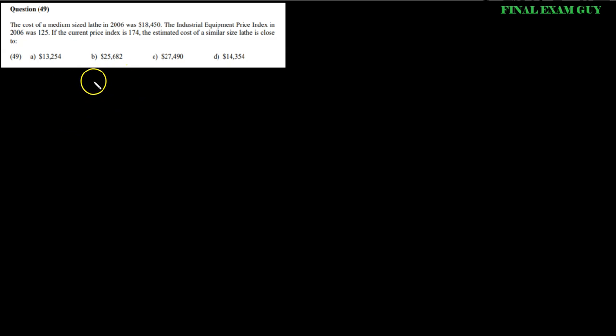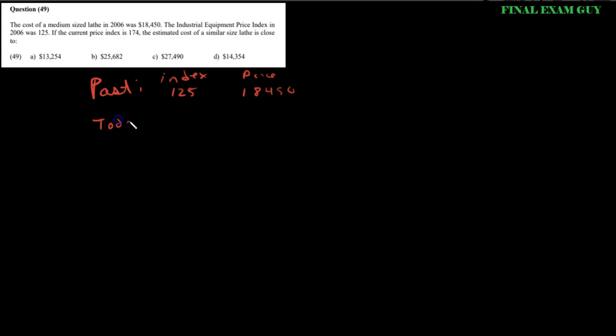So in the past, let's start with writing past. Index is 125 and price 18,450.